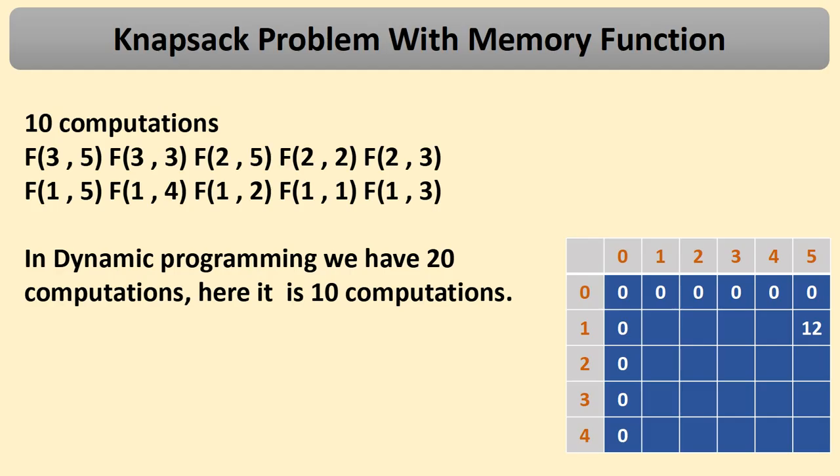Just now we have found the value of f of 1 comma 5, that is nothing but 12. So the same process should be repeated to fill the remaining cells. Now let us see the next slide so that we can find how many values we have derived.